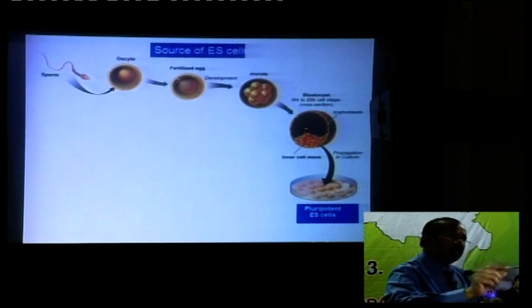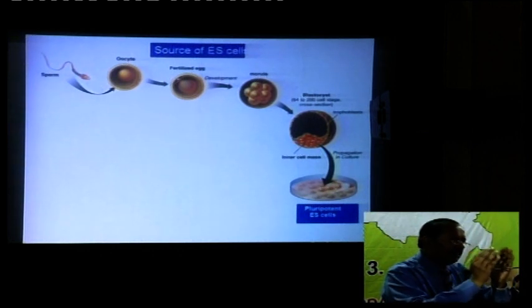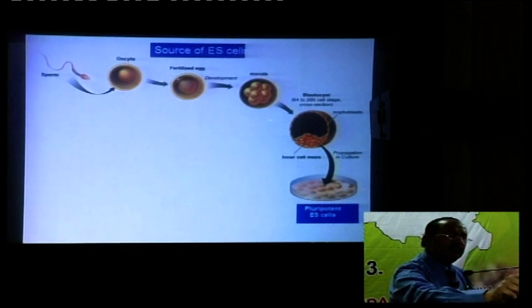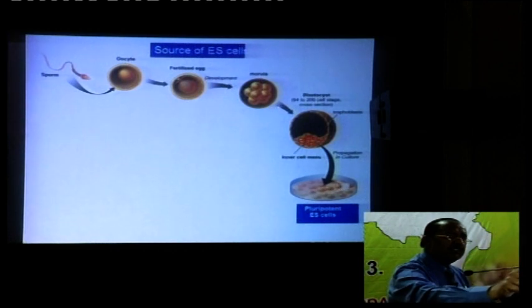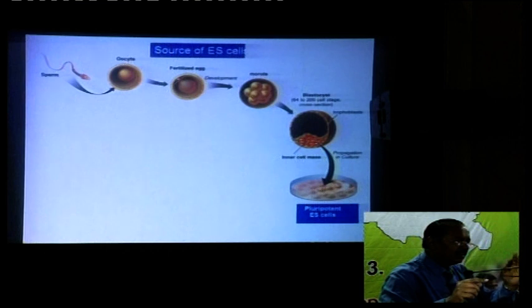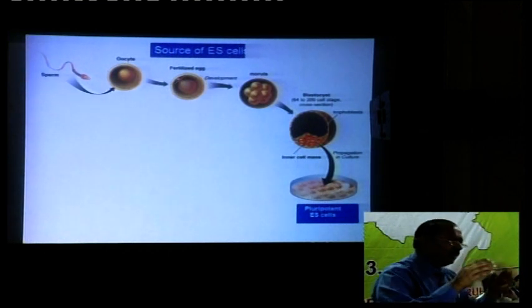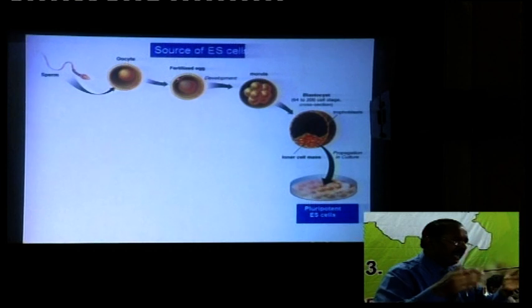Till the morula, it can form the complete fetus. The trophoblast, the sac-like structure that you see, forms the placenta. And what you see inside, the inner cell mass, is what differentiates into the different parts of the body: the endoderm, the ectoderm, the mesoderm.